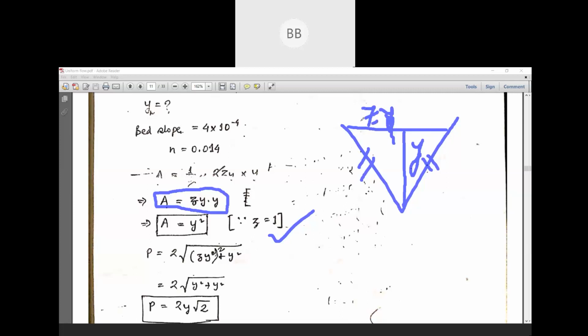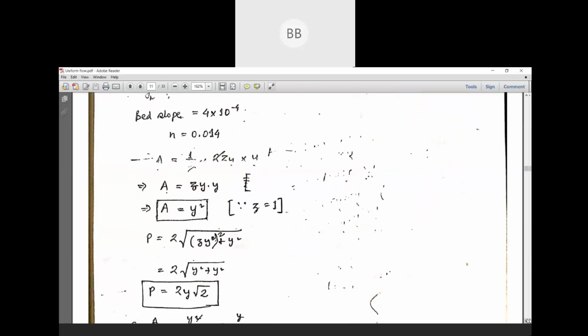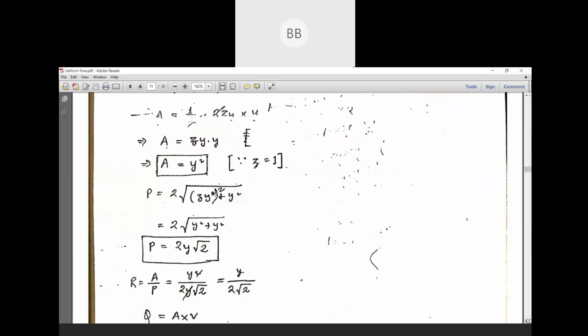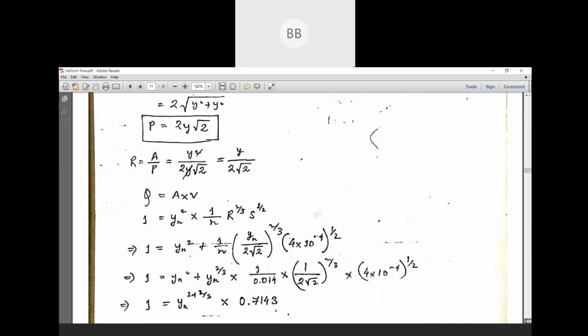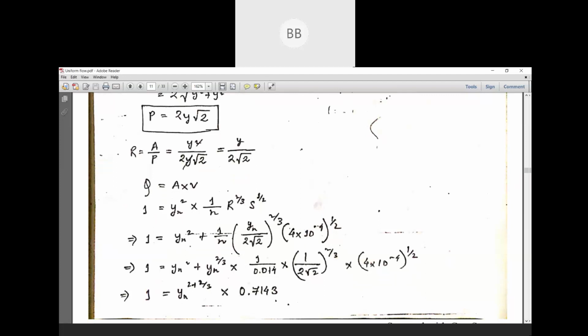Using the Pythagoras theorem, root over zy whole square plus y square, and multiplying by 2, finally you get the expression twice y root over 2.